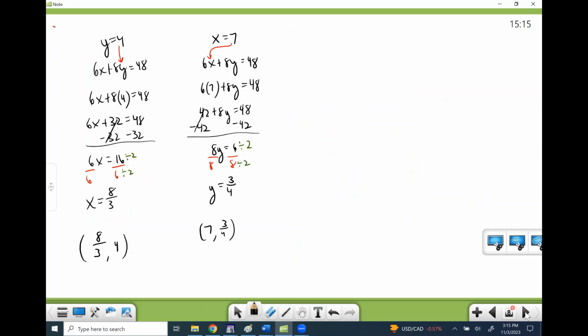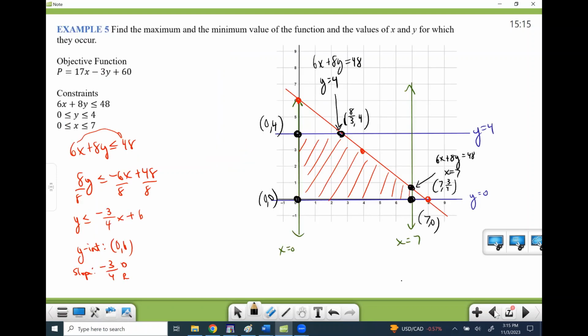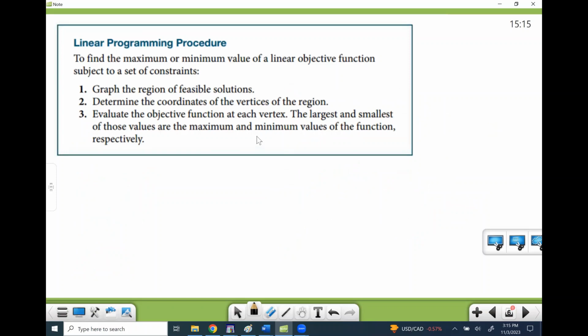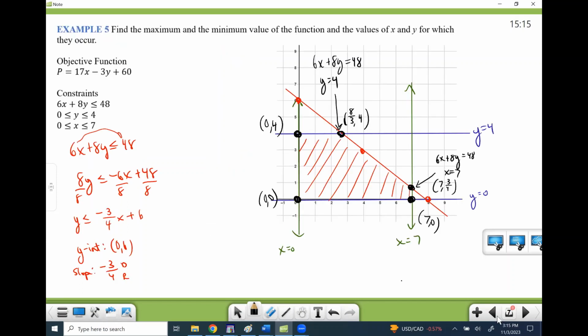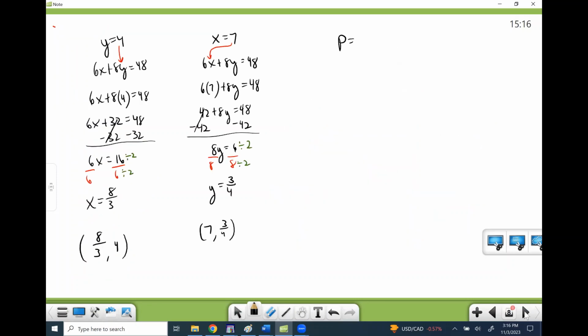So what we want to do is take all of those vertices. Now remember how linear programming works. It says the only values that are going to maximize or minimize it are going to be the vertices. So we're going to substitute those into the objective function. Our objective function for this was this one right here: 17x minus 3y plus 60.